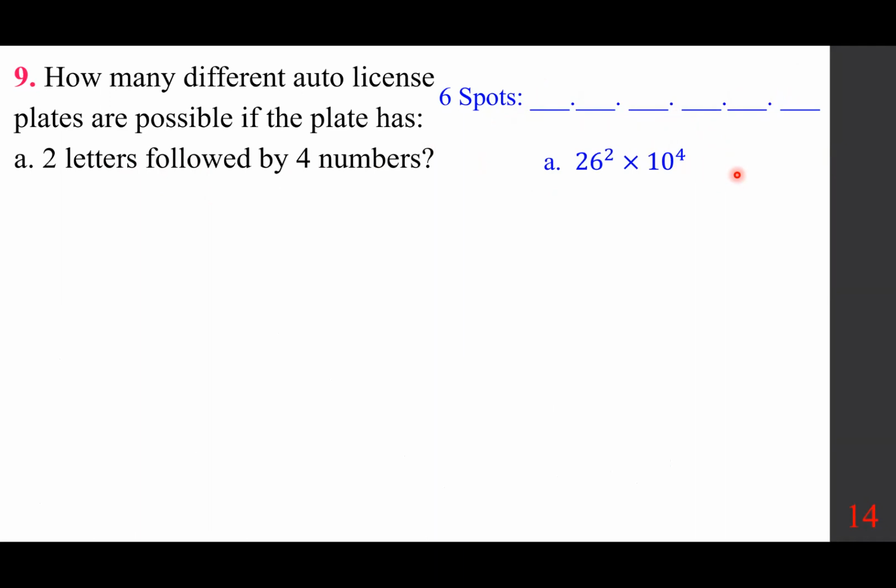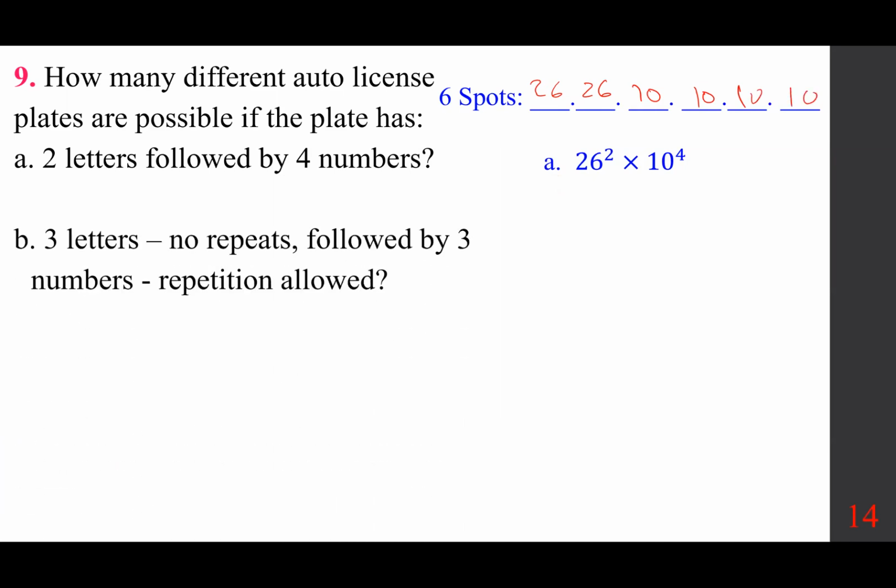Needless to say, everybody can plug into a calculator to figure it out. I want to show you how we arrive at the answer. So if we were to write it, 26, 26, 10, 10, 10, 10, that's how you would do that. Now in part B, we have 3 letters we can't repeat.